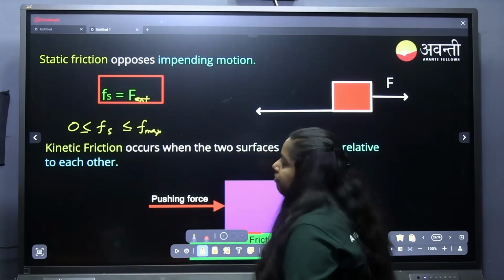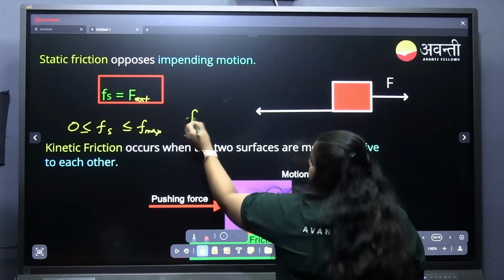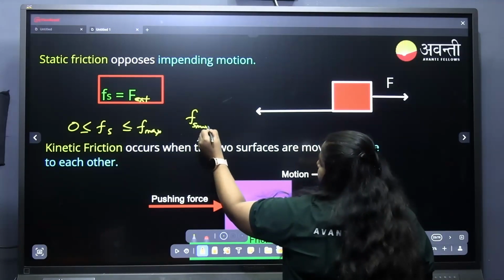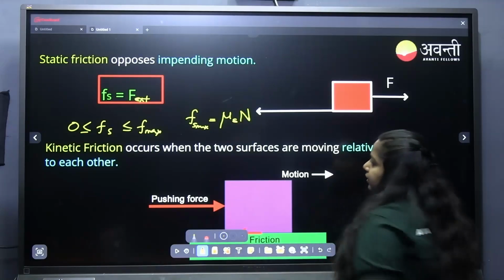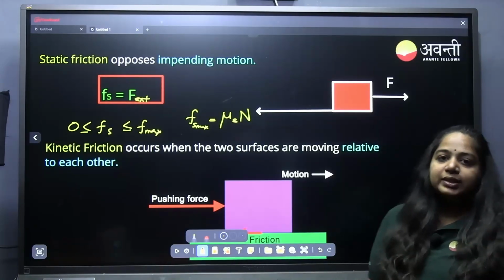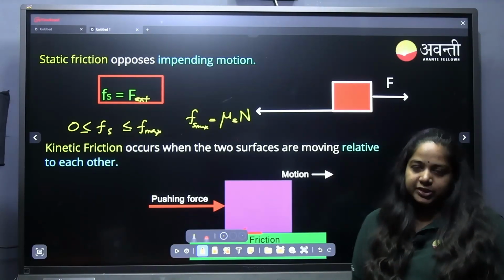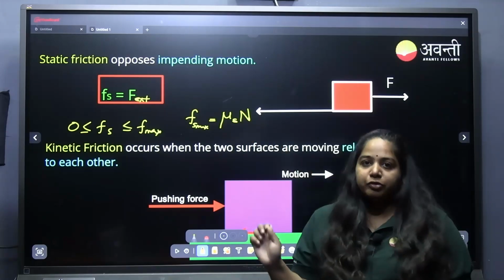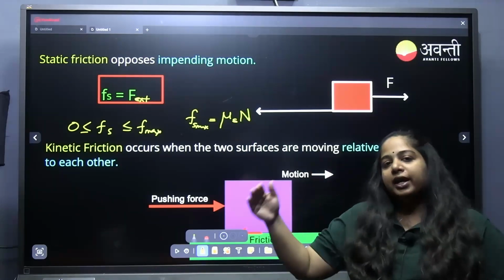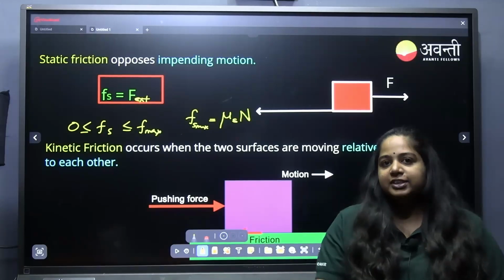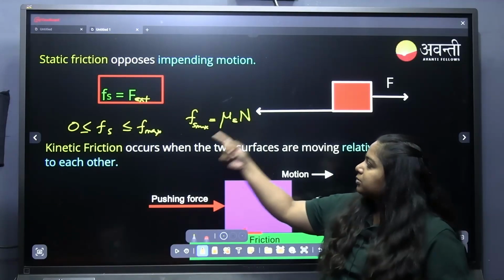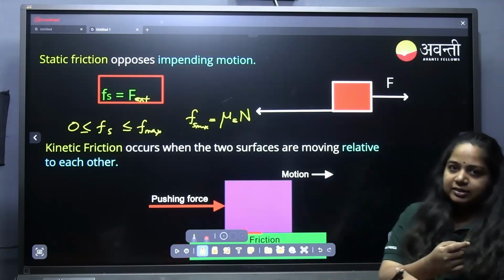This maximum value of static friction is equal to mu s into N. Mu s is the coefficient of static friction, N is our normal force. So maximum it can go up to that point. After that point the body will start moving. Once the body starts moving, kinetic friction starts.